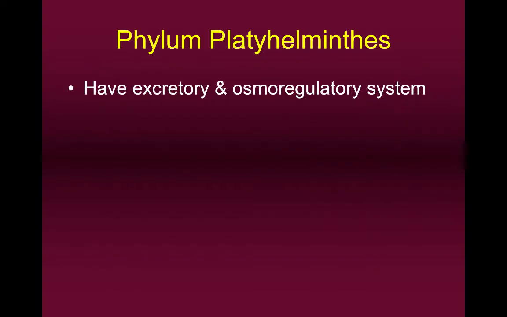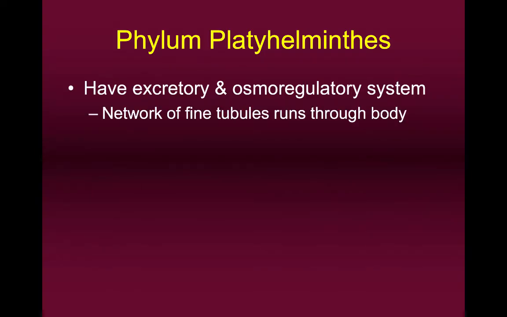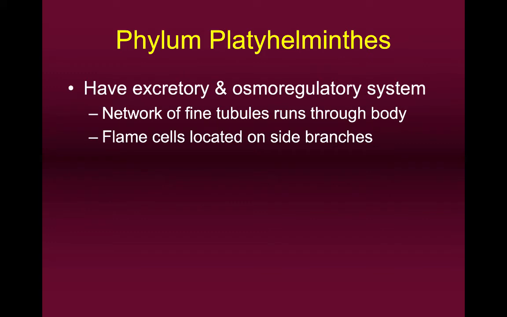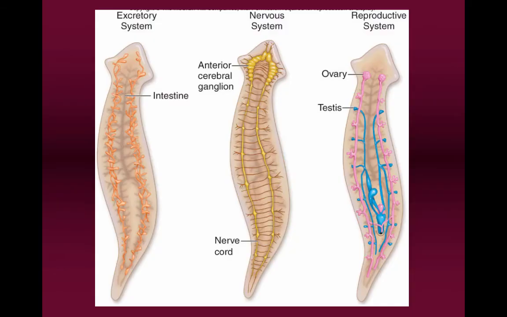We talked also in the third section about osmoregulation, so maintaining water balance, and also the process of excretion. These guys and girls, they're both flatworms, have what are called flame cells or protonephridia in side branches on the intestine. So if we jump back a second here, this intestine is going to have all these little side branches, and at the end of these side branches are going to be those flame cells or protonephridia.